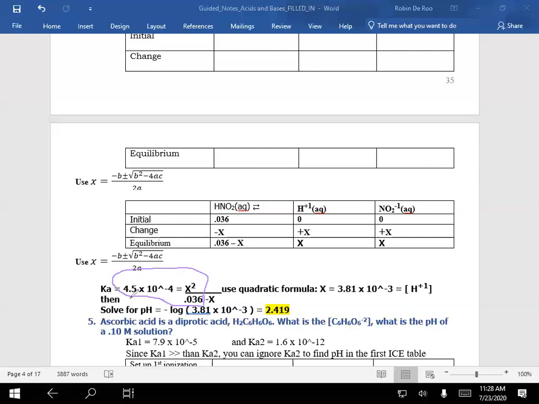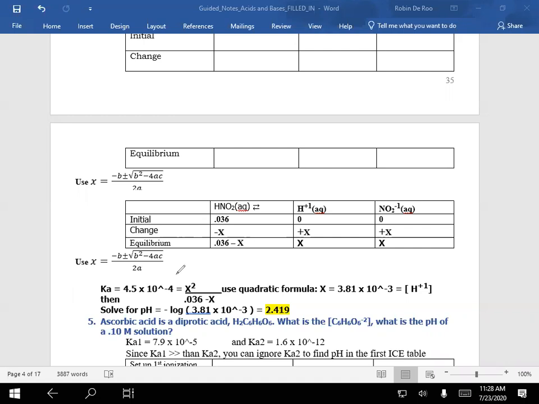So when you assume X is small and just use this to solve for X, you would find in this case that X is larger than 5%. So the 5% rule does not apply. When you determine that the 5% rule does not apply, then you will have to use the quadratic formula.